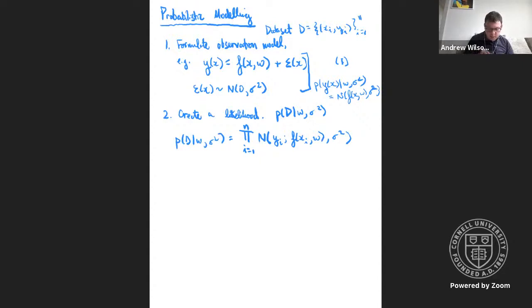Okay, so that's how we get our likelihood function. Any questions about that? About how we reached our likelihood function? And if you're confused, please say so.